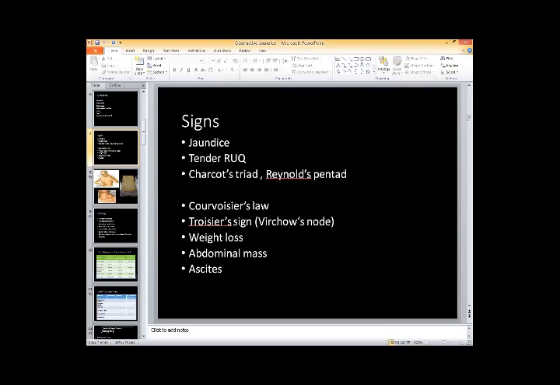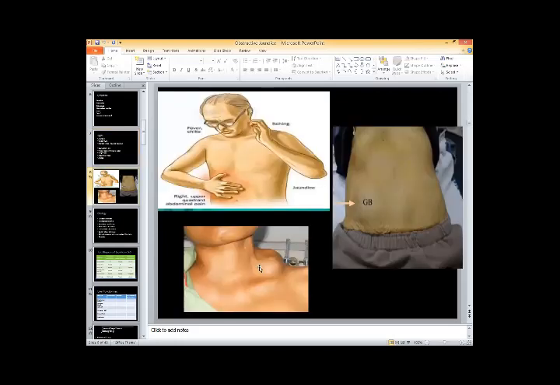A lymph node in the left supraclavicular fossa becomes enlarged because of the lymphatic drainage from the deep, retroperitoneal organs of the abdomen. It goes directly into the thoracic duct and it can cause the enlargement of the left supraclavicular lymph node. Also, weight loss may be a sign of malignancy, abdominal mass may be a sign of malignancy, ascites may be a sign of advanced disease. So these are different signs of an obstructive jaundice patient.